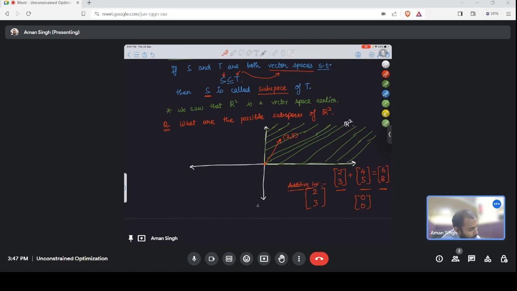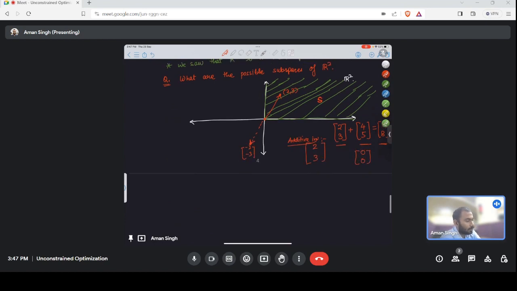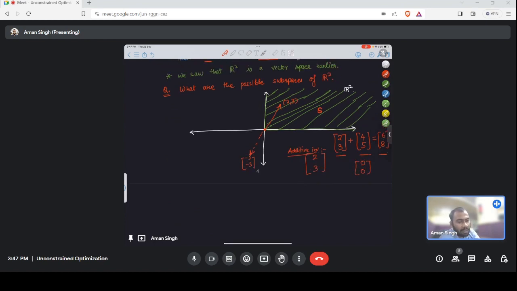So you should add minus 2, minus 3, which actually does not belong to the set S. Let's call this S. This does not belong to S. So this S is not a space in general, so it's also not a subspace of R square. In general, if I take any quadrant, it will not be a subspace of R square.